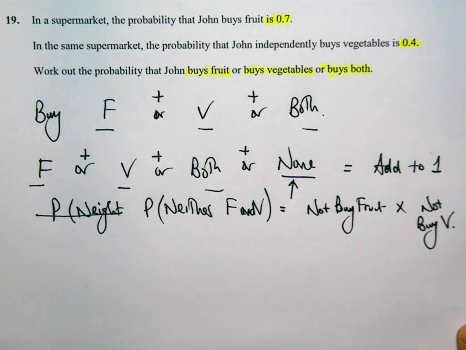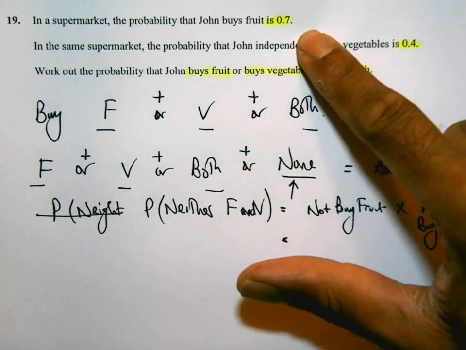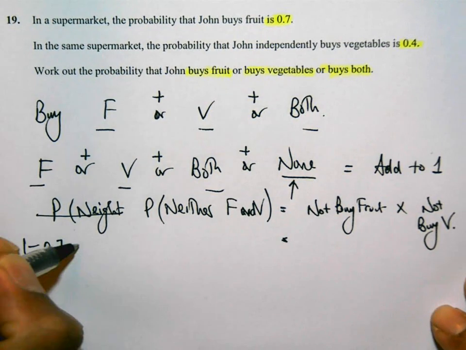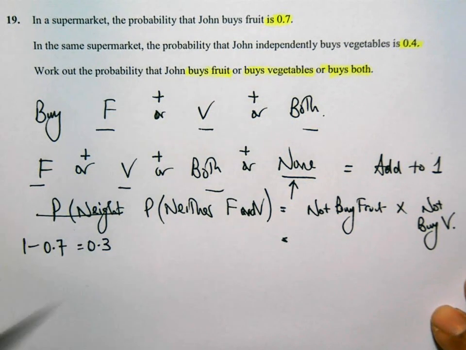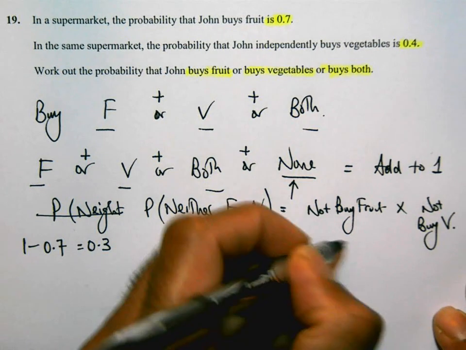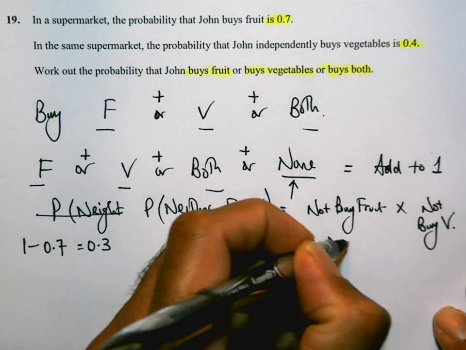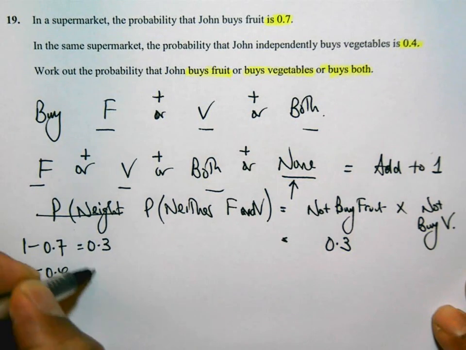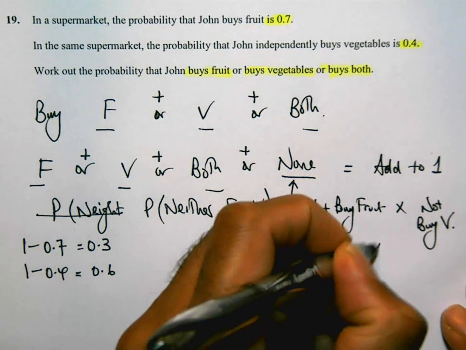So if that's 0.7, 1 take away 0.7 is 0.3. That's the probability of not buying fruit. 1 take away 0.4 is 0.6. That's the probability of not buying vegetables.